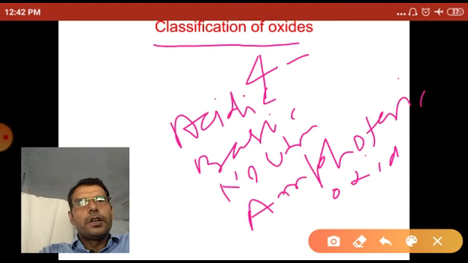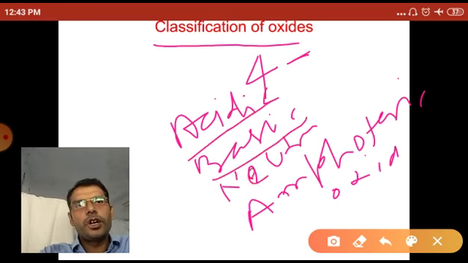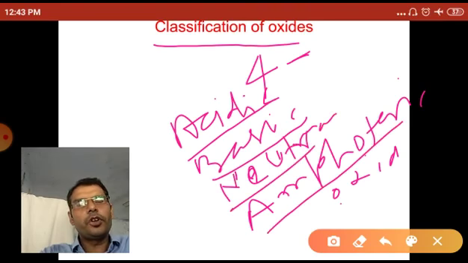So, oxides can be classified into 4 categories: acidic oxide, basic oxide, neutral oxide, and amphoteric oxide.